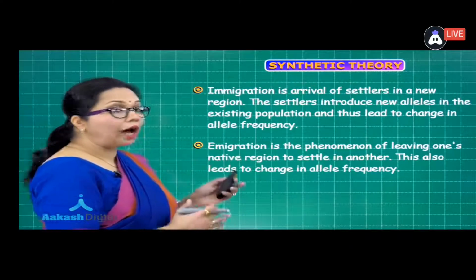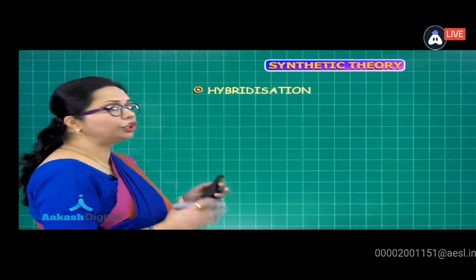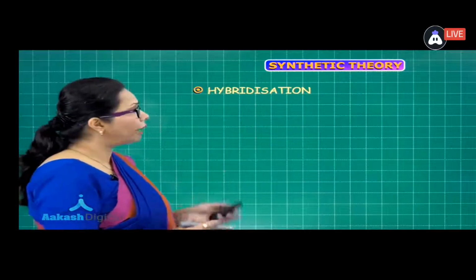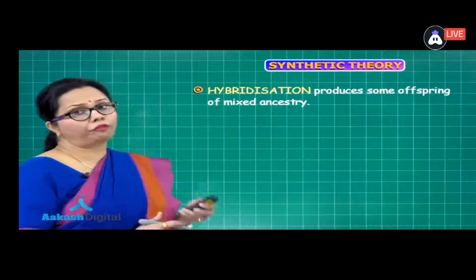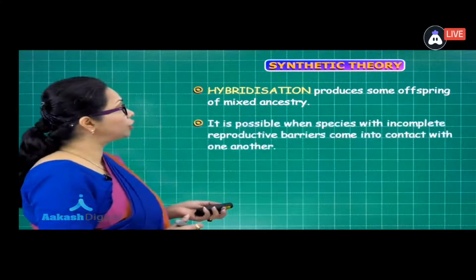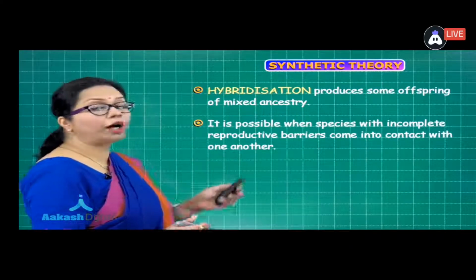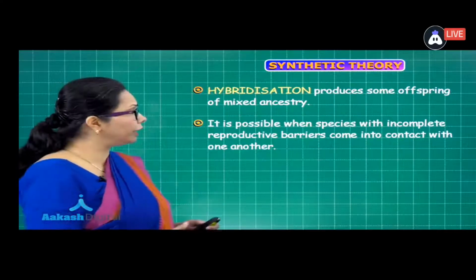Now, the last factor, that is hybridization. Hybridization is considered as a minor factor, but it can also produce offspring of mixed ancestry. And hybridization is possible only when reproductive barriers are not fully established, they are incomplete.